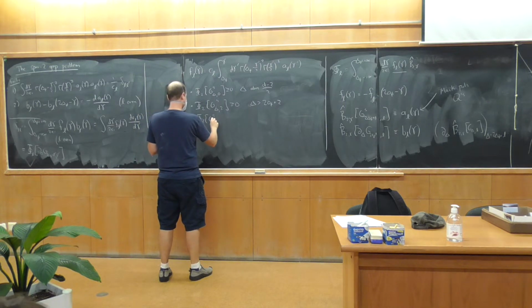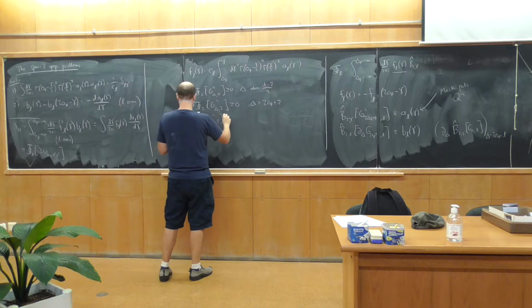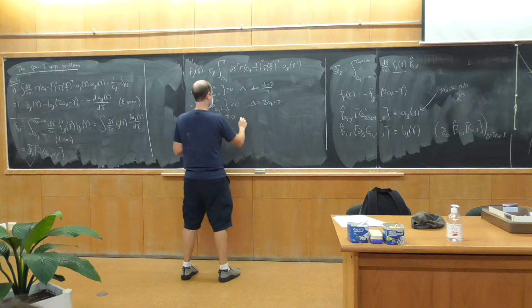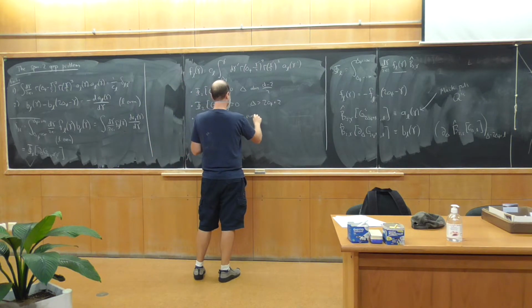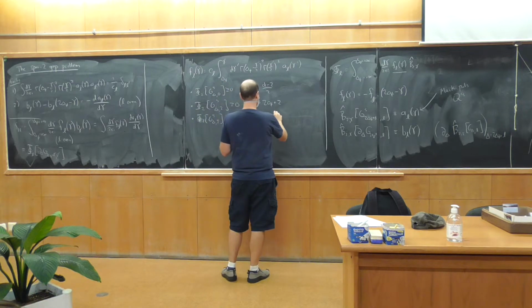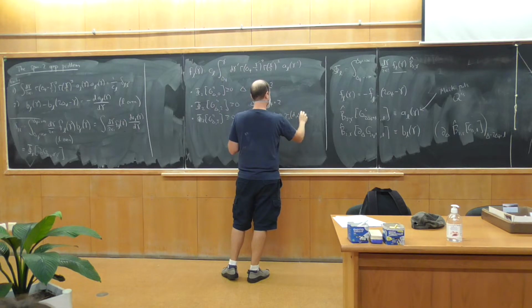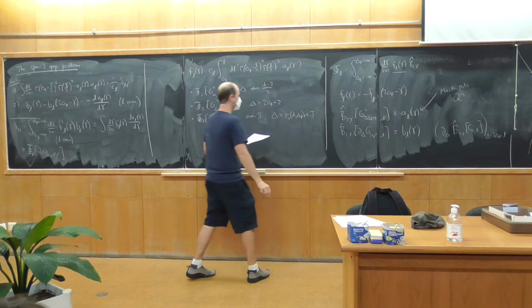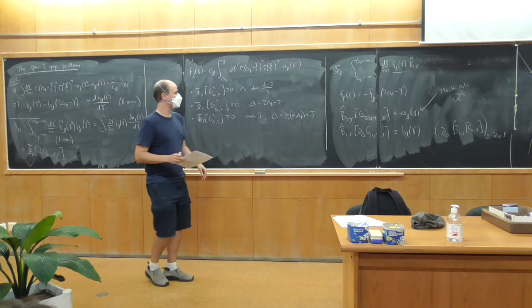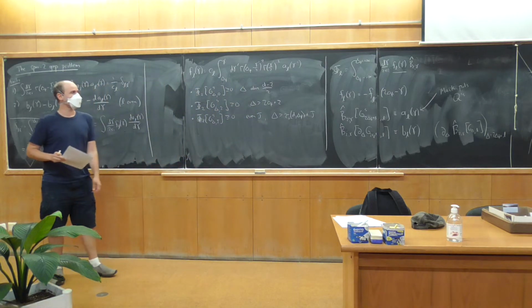On higher spin blocks, it's positive for even j, and delta bigger than some tau naught that depends on d and delta phi plus j.